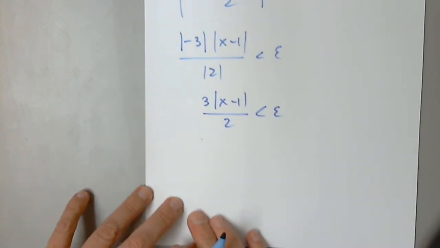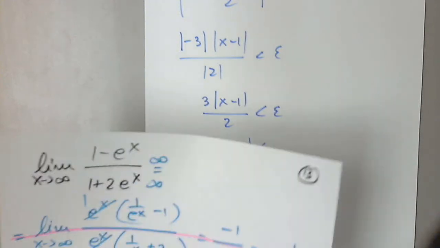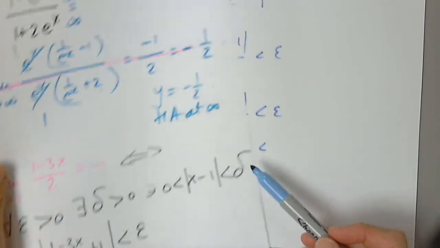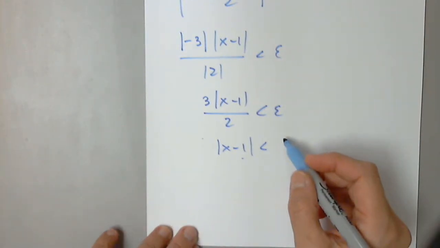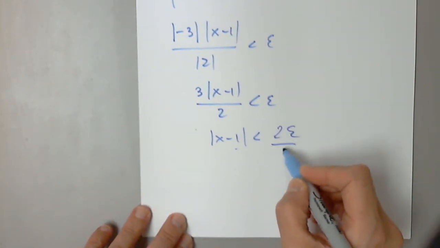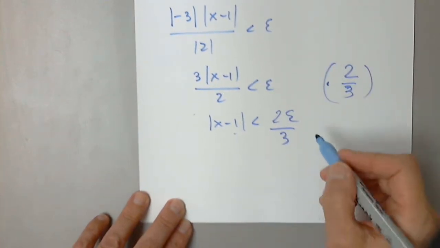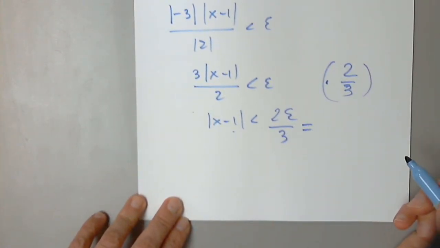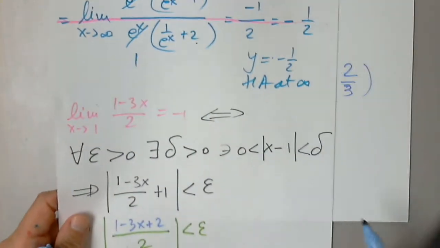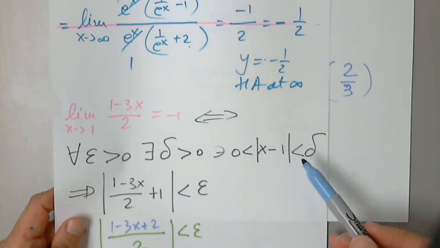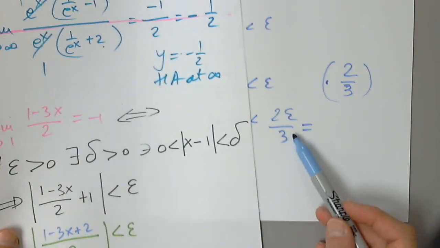And there is a final step right now in which x minus 1, as expected, right here, is alone on the left-hand side. 2/3. So we multiplied everything, both sides, by 2/3. What does this mean? You don't have to say anything. You don't have to guess. I have the absolute value of x minus 1 on the left-hand side. I have less than. What could this be?